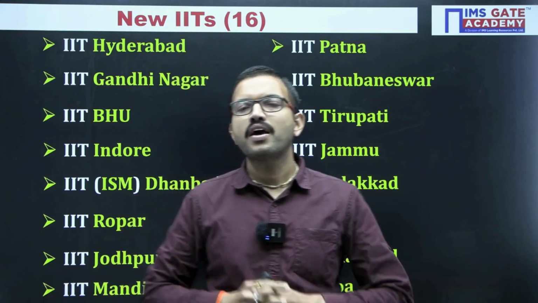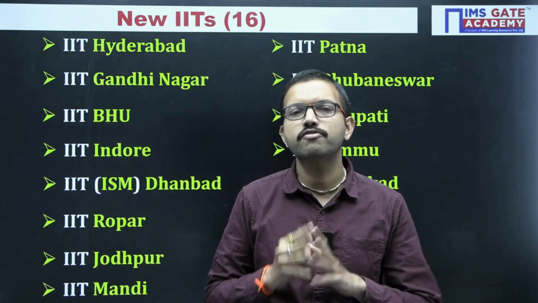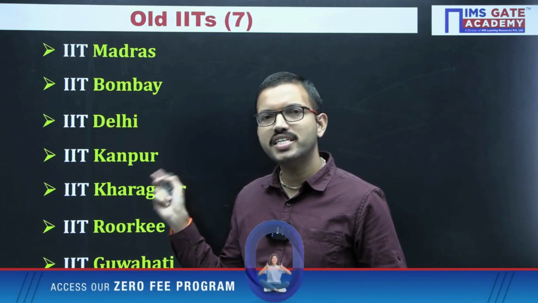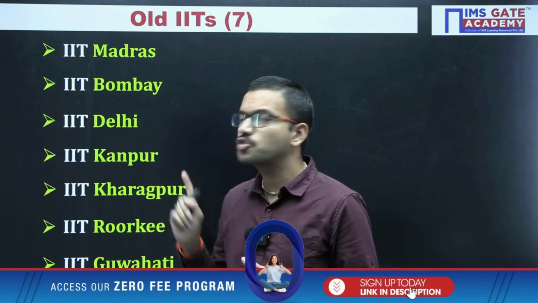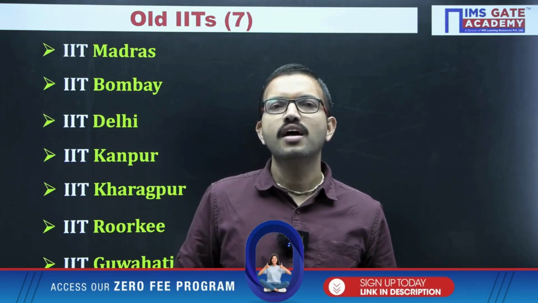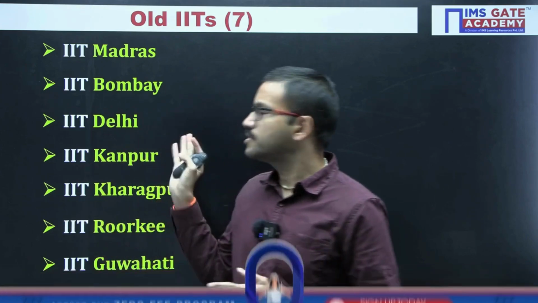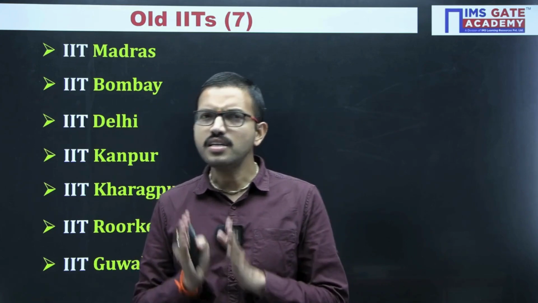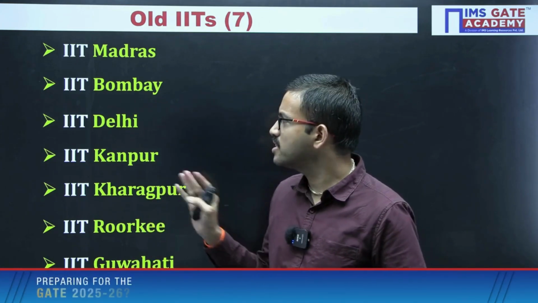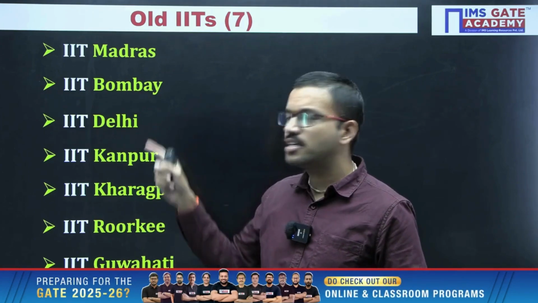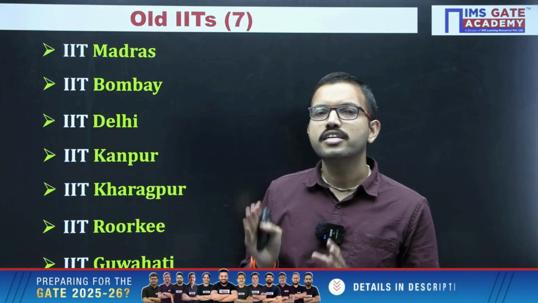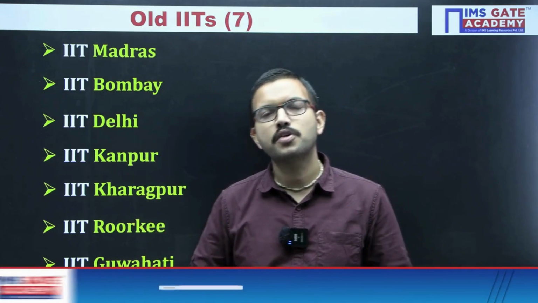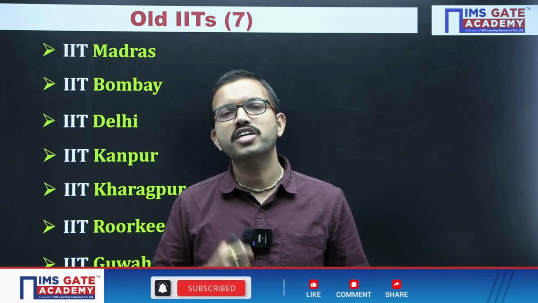So how is it possible with a low GATE score? Say, for example, whoever got the M.Tech admission earlier, if the students get a PSU job offer, or if they want to move to some other institute for doing the M.Tech, then even though they got the seat earlier, after all the rounds are over, if some seats are left, the IITs will conduct spot admission, right?